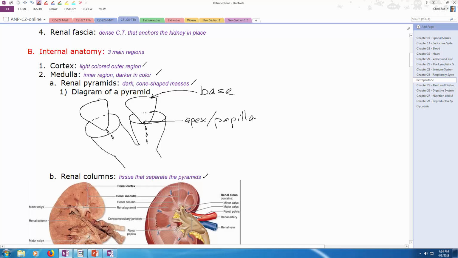So these are indeed, the calyxes are part of the collecting structures. What's the first calyx called? That's correct. So it's a minor right here, and then where the two come together, that's a major.